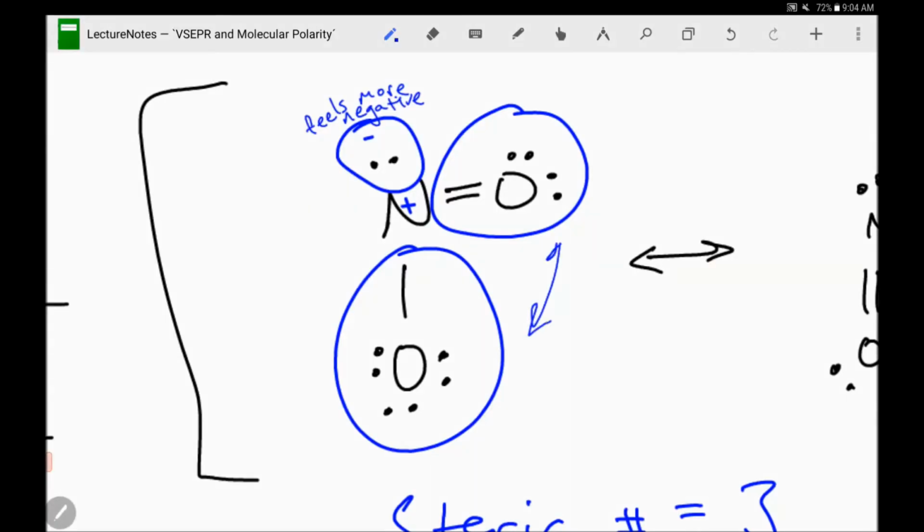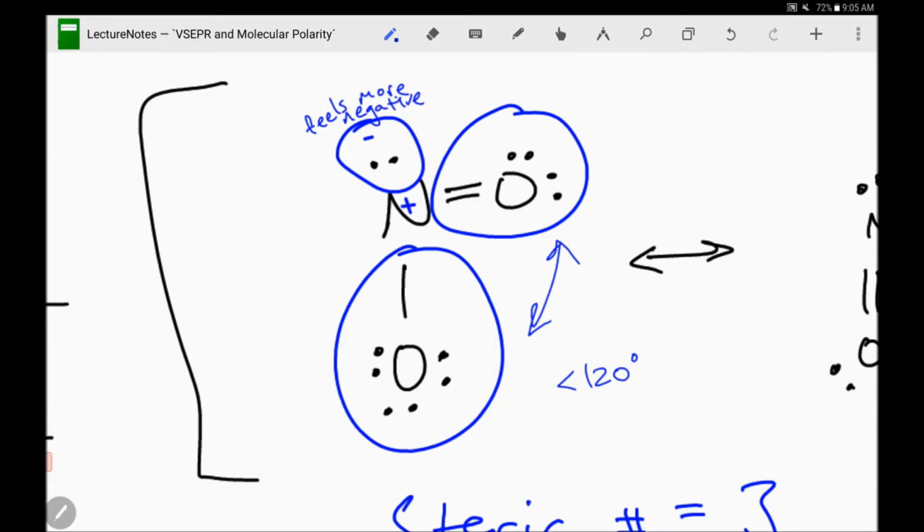So the bond angle between these 2 oxygens is smaller than 120 degrees, because this lone pair is pushing those 2 sigma bonds away from it more than they're all pushing each other away. The lone pair has a greater repulsive force. Normally you would just write it like this. It's less than 120.